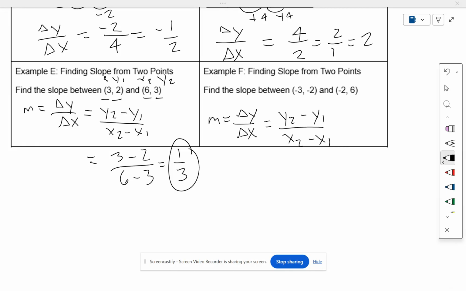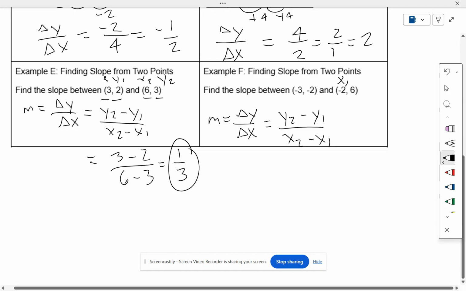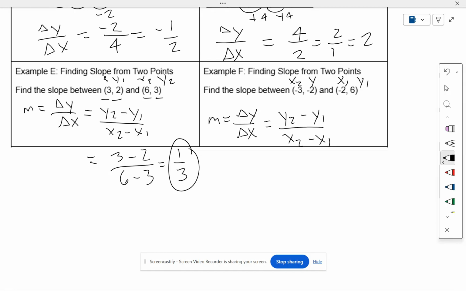So for example F, same thing. I'm going to just show you it doesn't matter which way you do it. So x1, y1 here. x2, y2 here. So again, it doesn't matter. And I'm just going to substitute them in. So y2 is -2. y1 is 6. So -2 minus 6. x2 is -3, and x1 is -2.